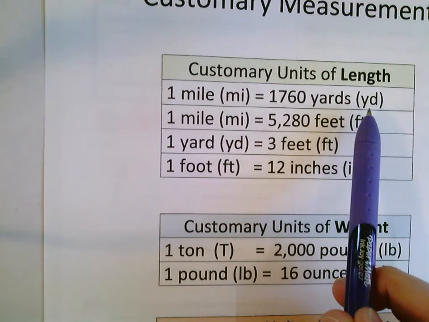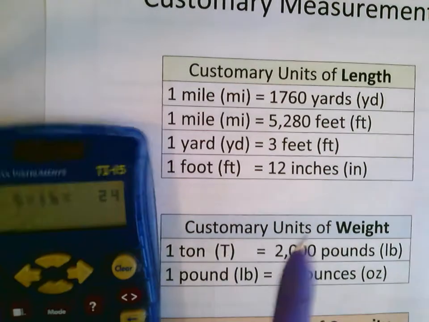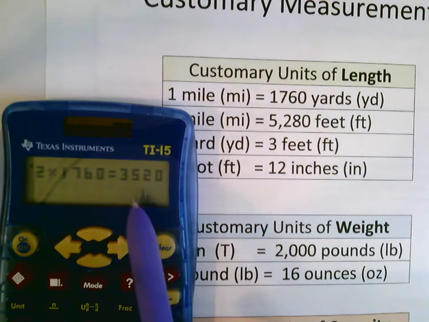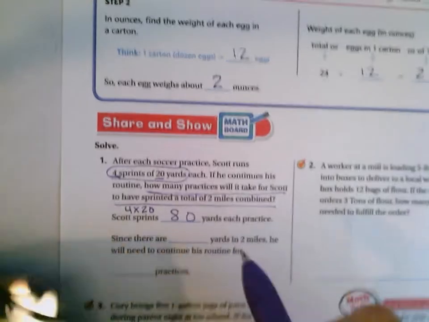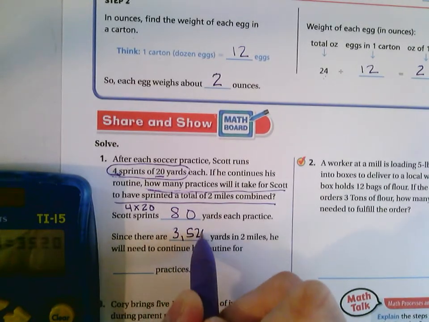So 2 miles would be 2 times 1,760. Let's put that in our calculator. 2 times 1,760, and I get 3,520 yards in 2 miles.